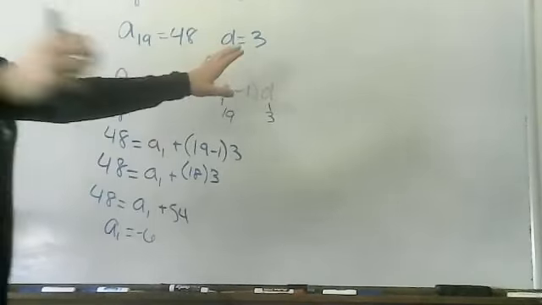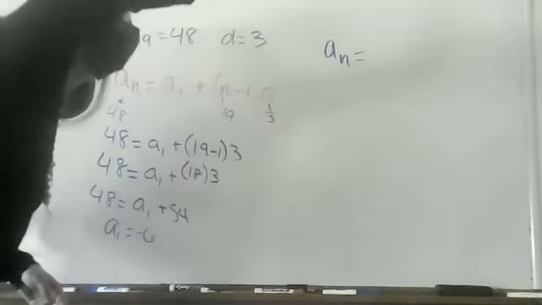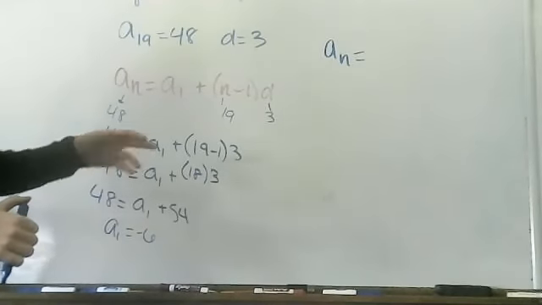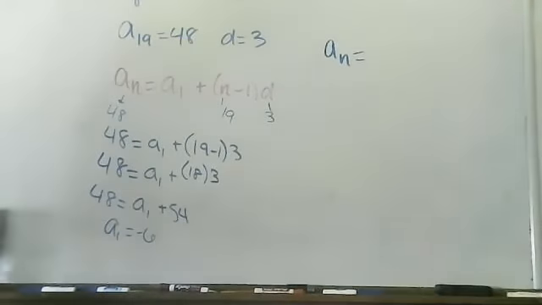Do I have a rule? Do I have an A sub n? Did I write my rule? Could I go plug something in here and figure out, say, a 200th term?